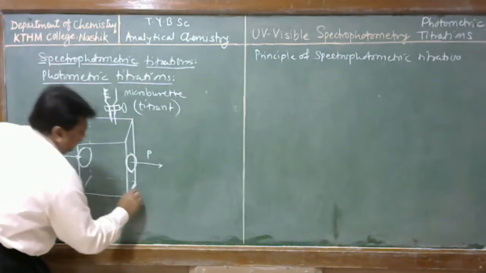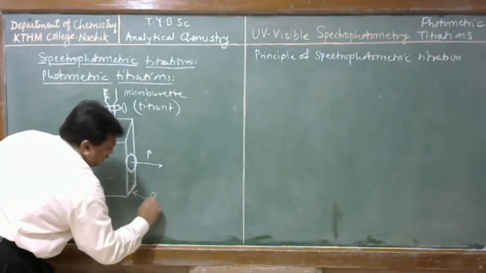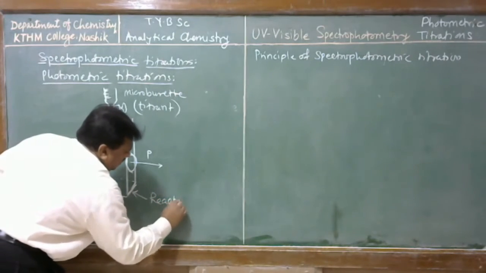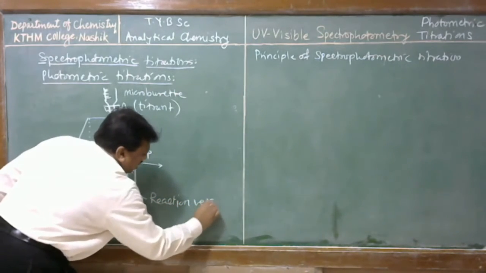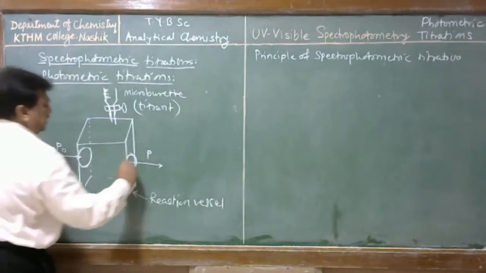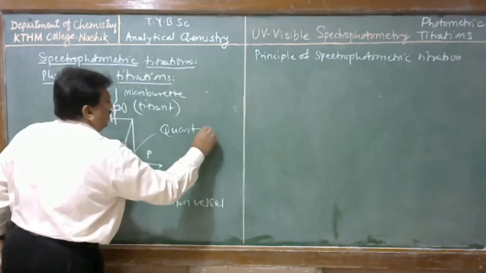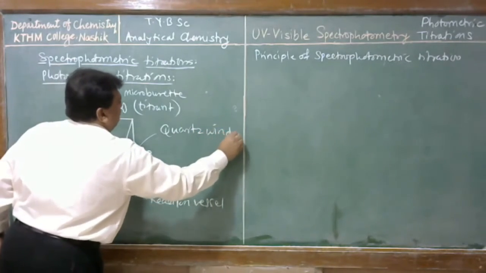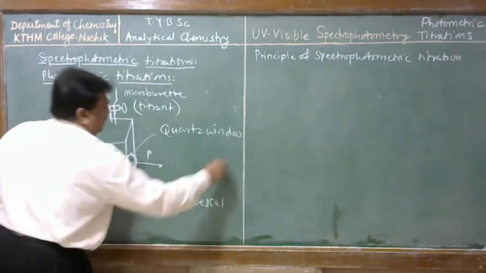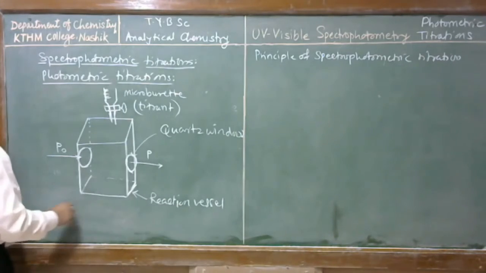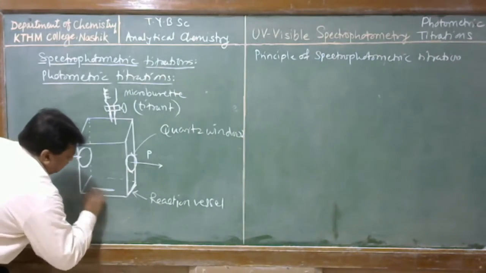This is the reaction vessel, and here is a quartz window in order to pass the ultraviolet radiation. Here is the stirring bar.